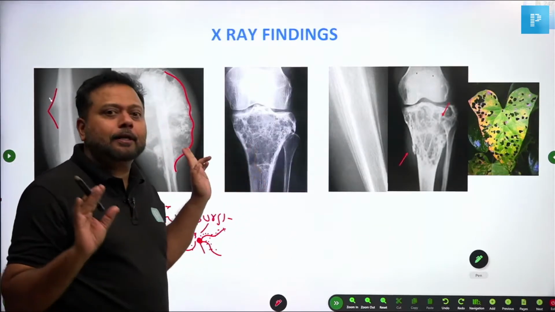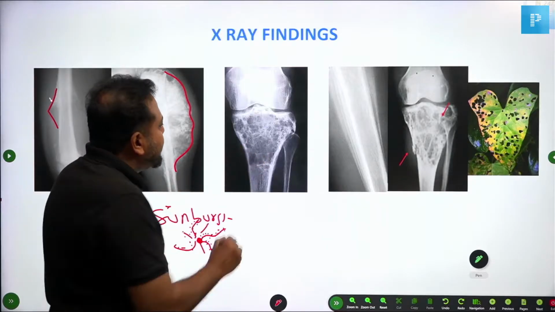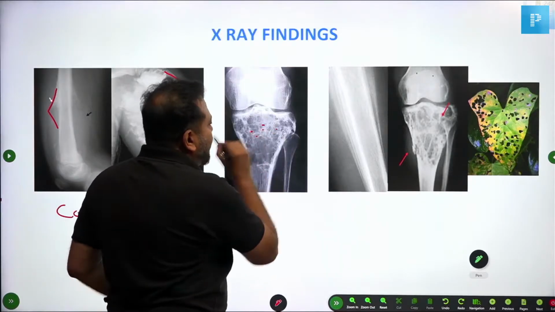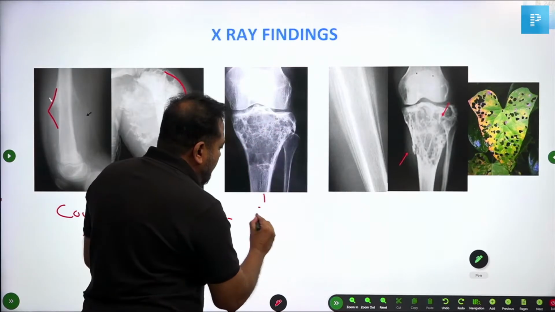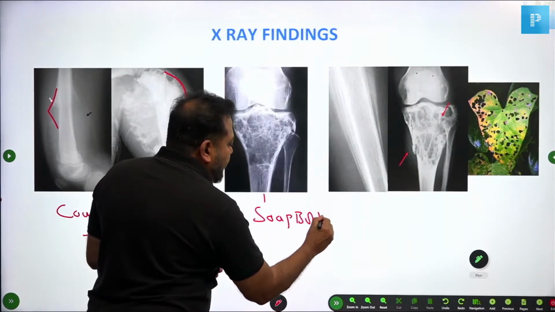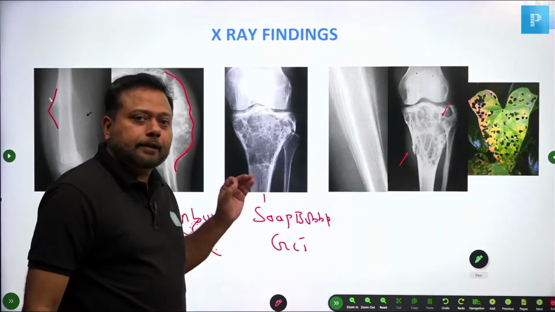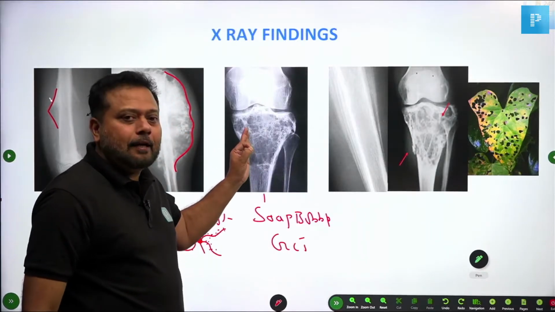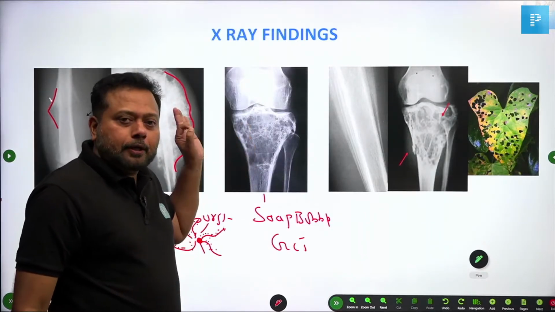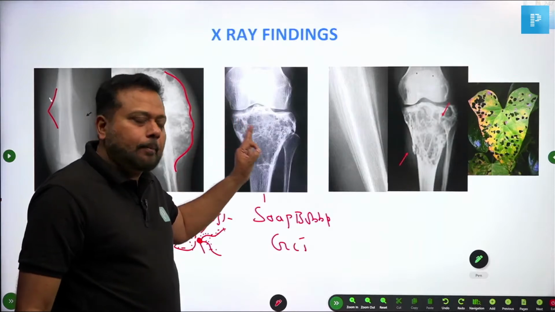Instead, the periosteum appears very thin. Inside, I am seeing lot of trabeculations. This is called soap bubble, very characteristic of GCT, giant cell tumor. This is the classical giant cell tumor. Osteogenic sarcoma is most common around knee joint. Giant cell tumor again most common around knee joint.